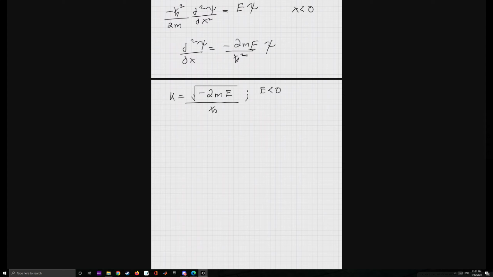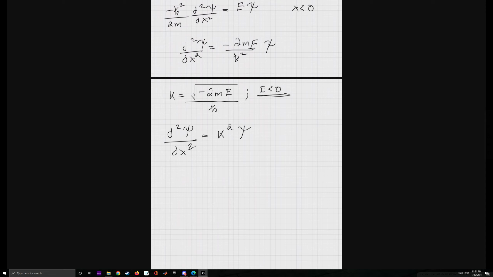If it was a positive E, which we will look at later, then we just don't include this negative. So let's write down the k here. Forgot the square, sorry. We will have k squared psi.